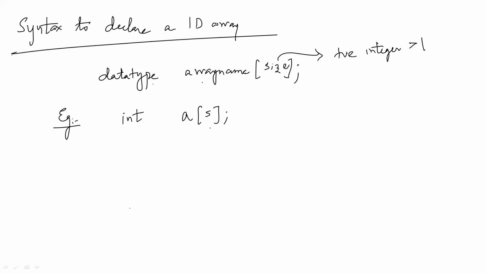Now 5 blocks of memory will be allocated, because I am saying A of 5.